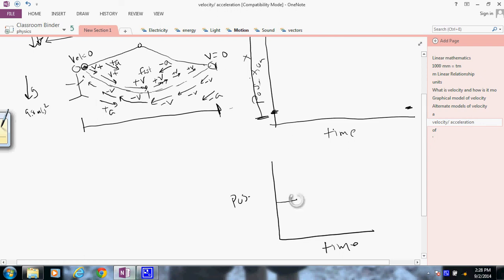I could increase in the positive direction, this would be a positive velocity, but because it's straight, it would be constant. I could also have a negative velocity, again, this is constant.